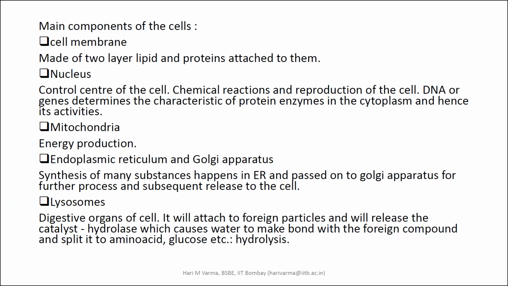That energy will be stored inside the cell, and whenever it is required, it will be released. This is very important for electrophysiology. So for mitochondria, we will learn some fundamental idea, and the rest of the things are not very important for this particular module.